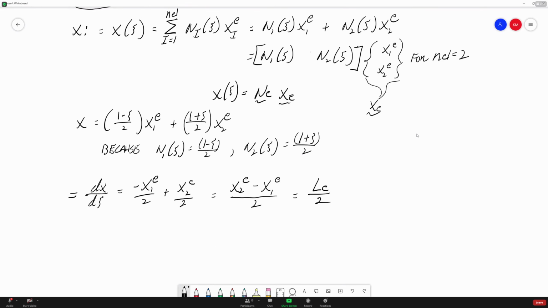This is called something. This is the Jacobian matrix. And we'll see that a little bit, actually in matrix form.